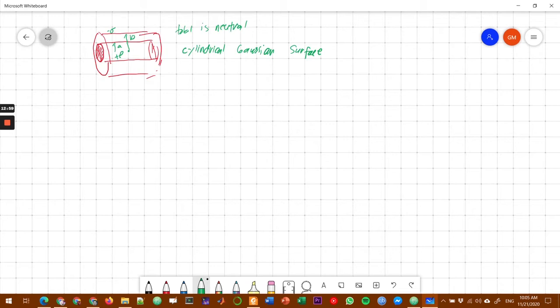Now we consider a cylinder of radius r, ang imong Gaussian surface could be depende kung asa siya. For example, if you want to find the electric field inside the katong solid na cylinder, this one of radius A, then we'll be using a cylindrical Gaussian surface as our kanisya of radius r.